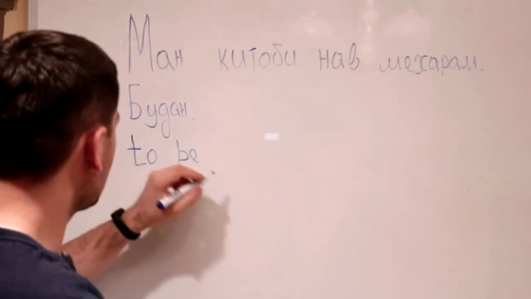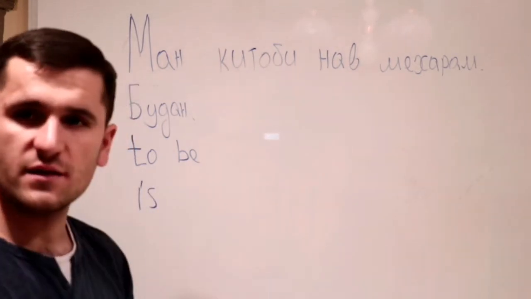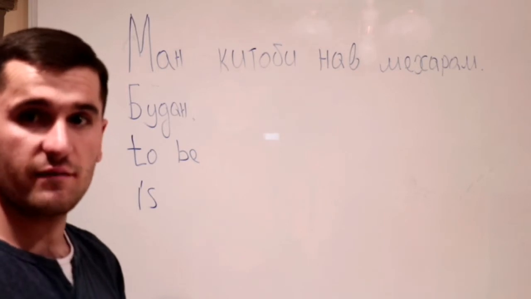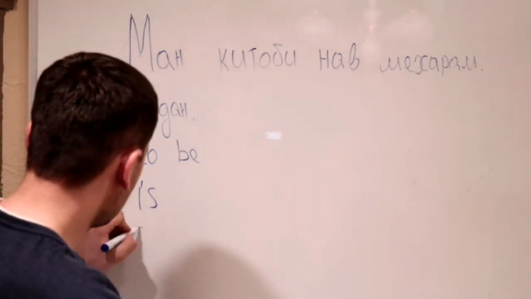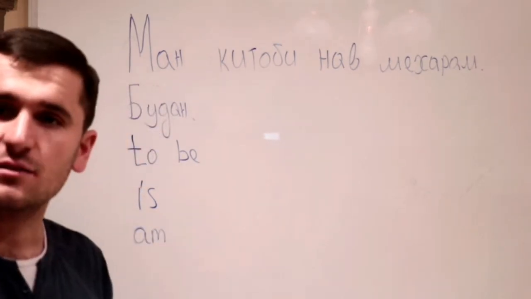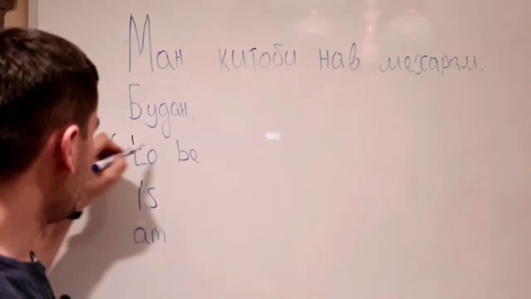For example, to be is. Is, it is meboshad, for one person. Another, am. Am means mebosham. So as you see, we are dividing this verb.